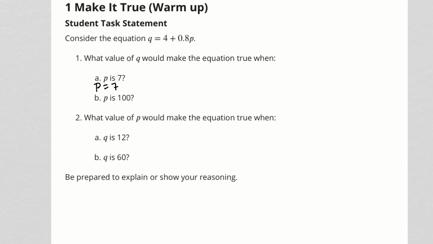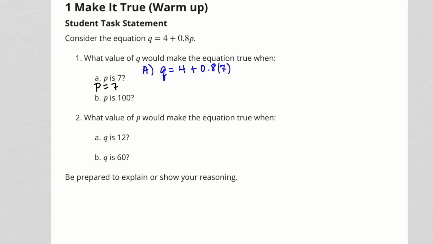I'm going to put A on the left side and B on the right side because I don't think you guys have enough space to do it one on top of the other. So for A, we're going to say Q equals 4 plus 0.8 P, or not P, sorry, we're plugging in the 7 there, so parentheses 7.